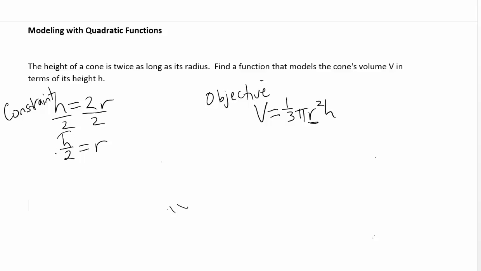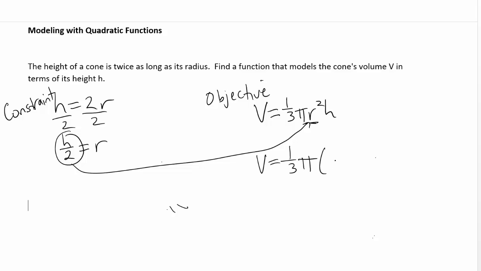Now we can take that h over 2 and replace it for our r and rewrite this formula as v equals 1/3 pi, and instead of r I write h over 2 quantity squared, and then times that other h. So now this formula only has h's in it instead of both r's and h's.